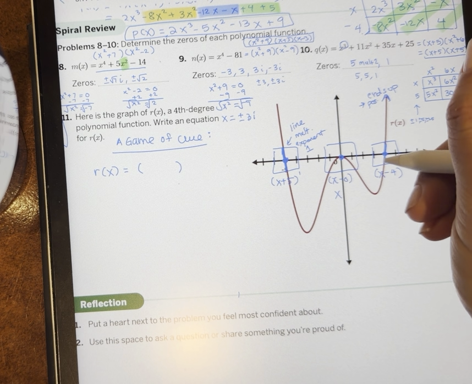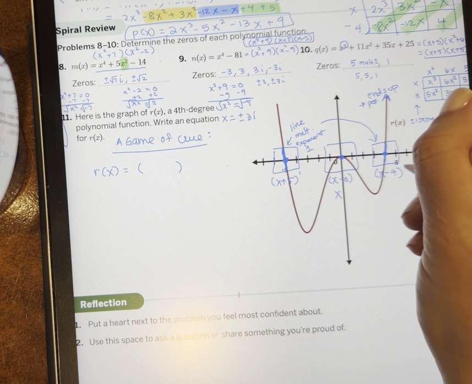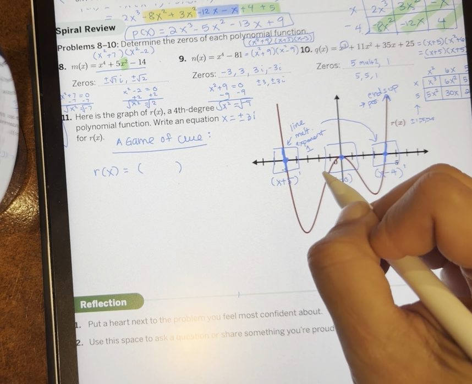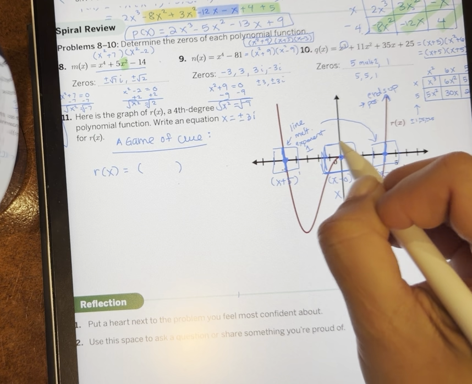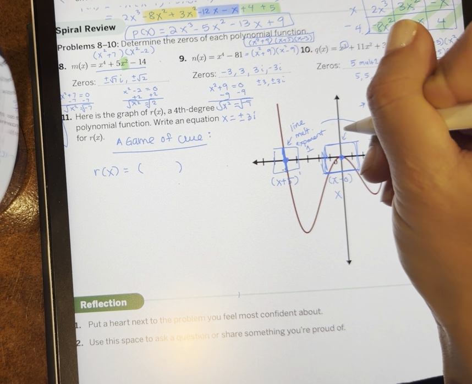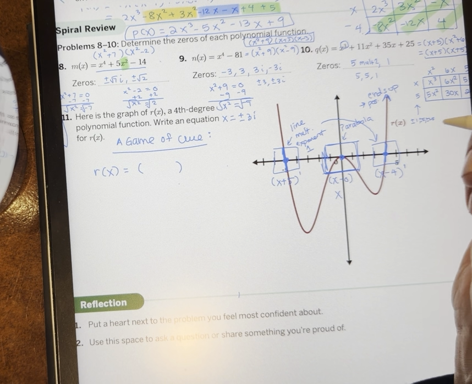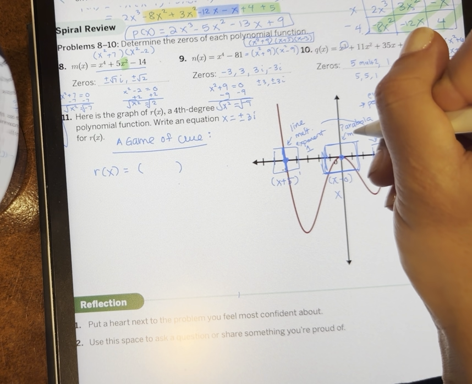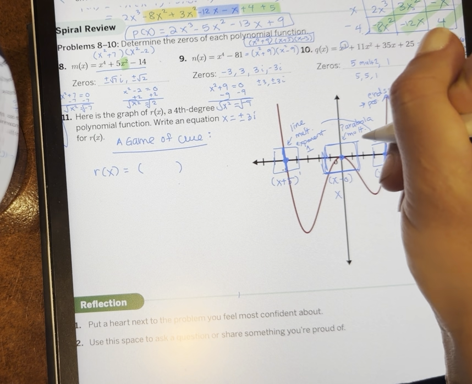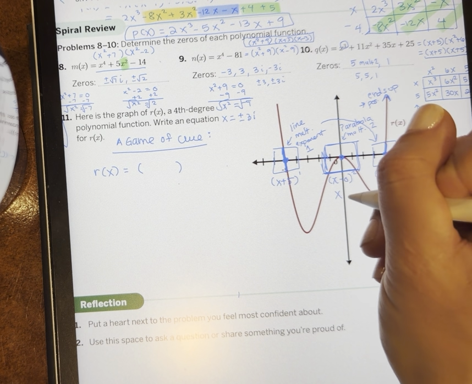Like here too, all right? Exponent of 1. If it's this parabola looking thing, then that means that the multiplicity or the exponent is a 2.